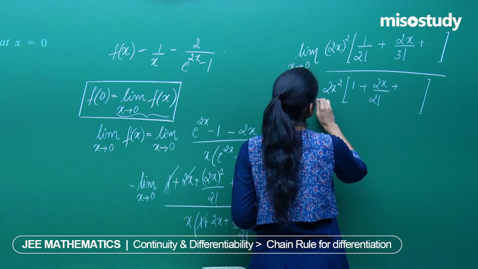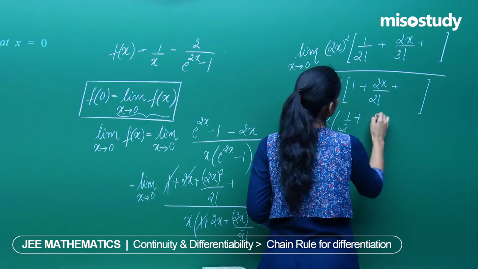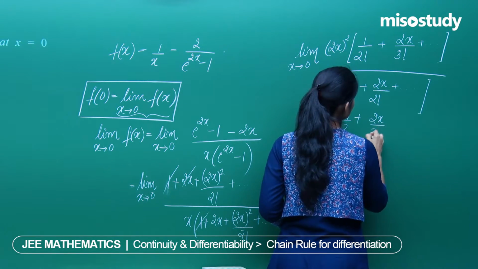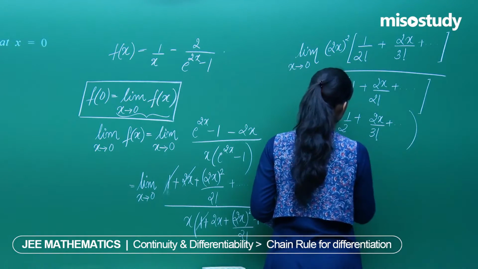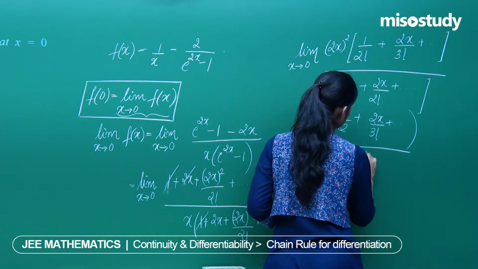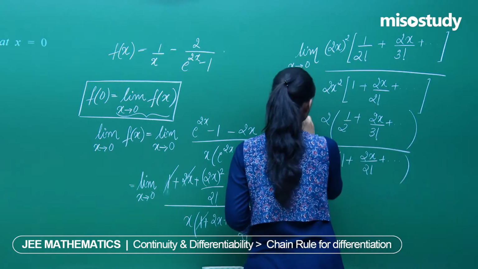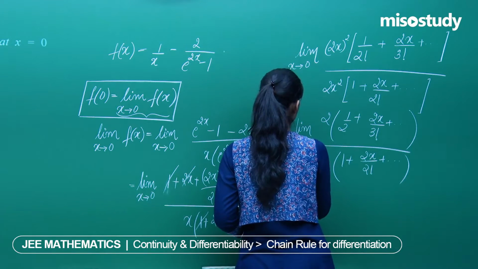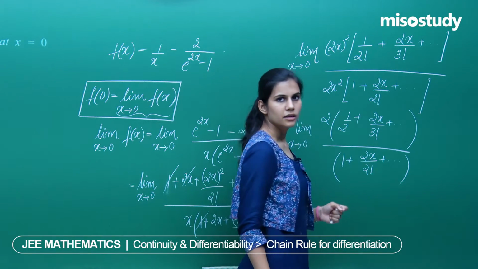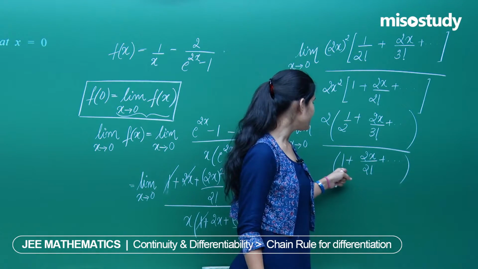So you can see 2x square gets cancelled. You are left with 2, 1 by 2 plus 2x by 3 factorial plus and so on, whole upon 1 plus 2x by 2 factorial and so on. Now see, as limit x approaches 0, this complete thing becomes 0 plus 1, that is 1.